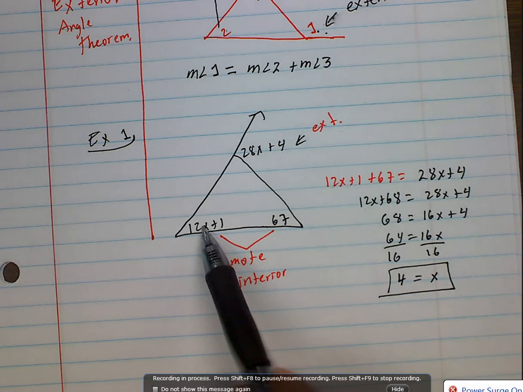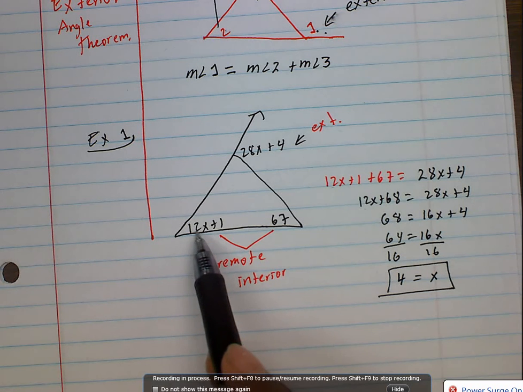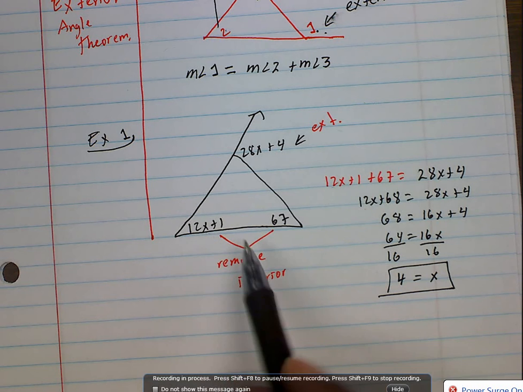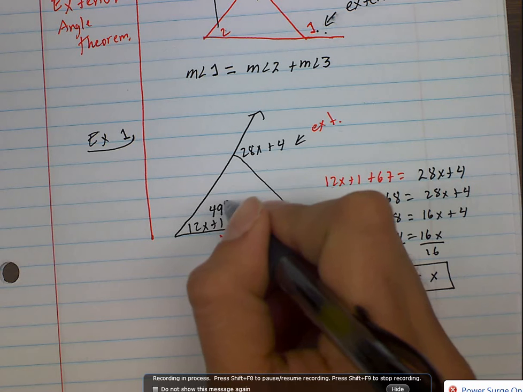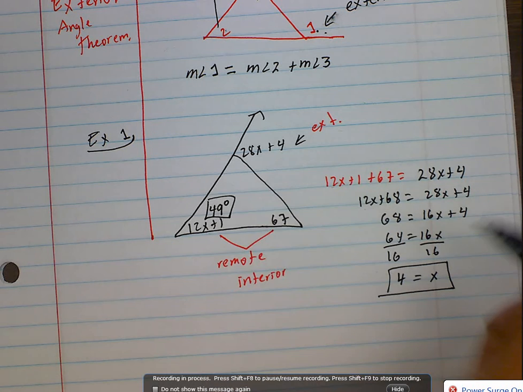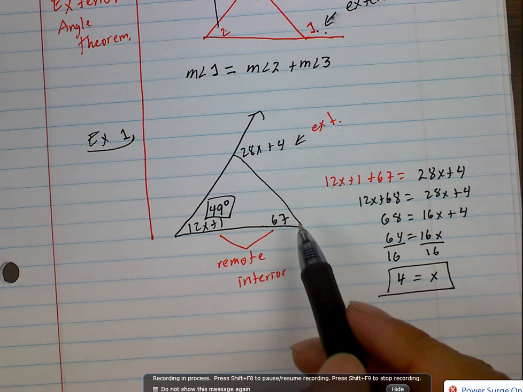So the next step is to find all the angles, so that way you can prove that these two is equal to that. So I'm going to plug in 4 here. So 12 times 4, that is 48. So 48 plus 1, that's going to give you 49. So this one's 49 degrees. Now let's look on this one. So 49 plus 67, that gives you 116.